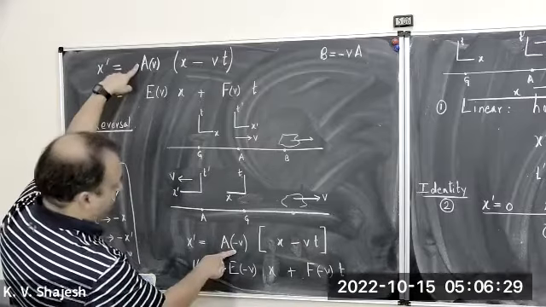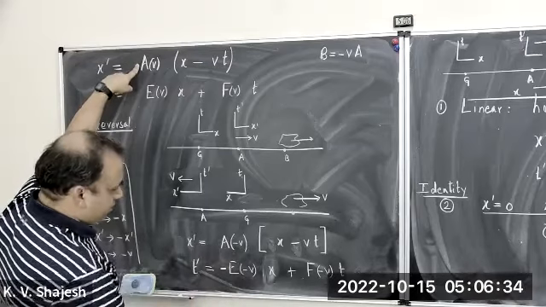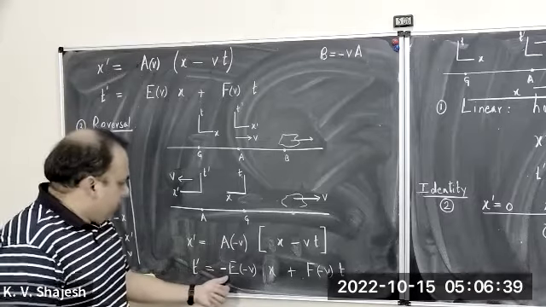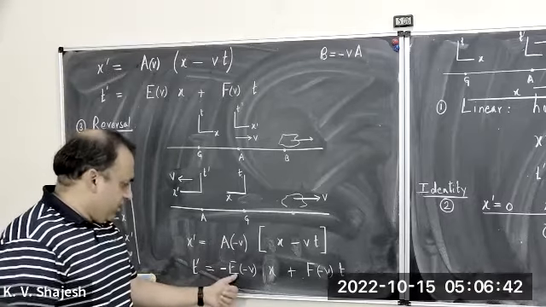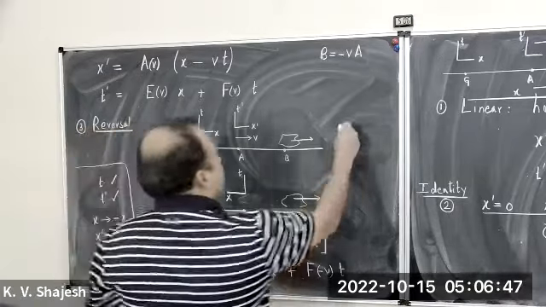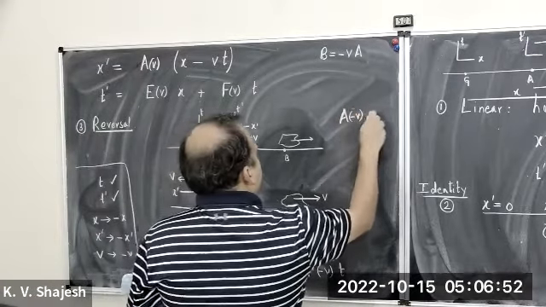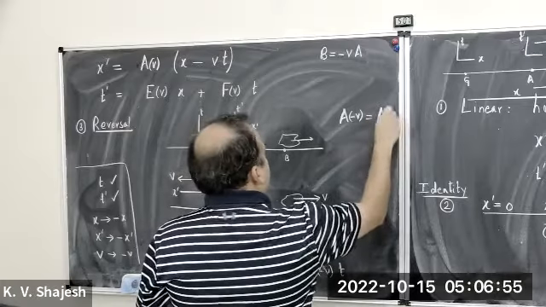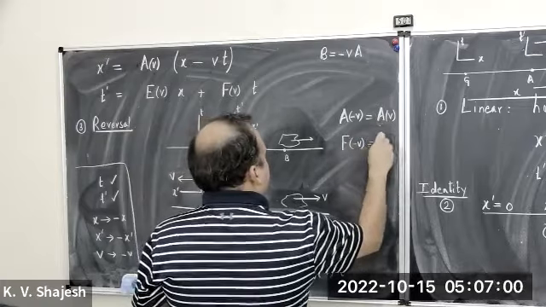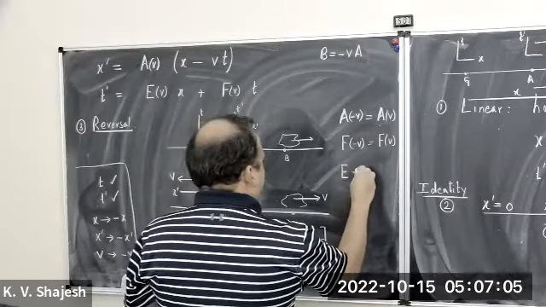This has to be the same as this, which means that whatever my coefficient A is, whether I'm going to the right or to the left, it doesn't matter. And my relative velocity does change my E, but it does not change my F. So let me write that here. This is A of minus V is equal to A of V, and F of minus V is equal to F of V. These two are identical, but this is an odd function.